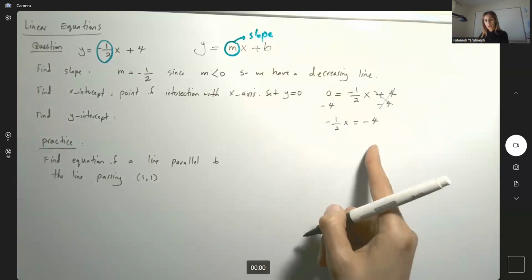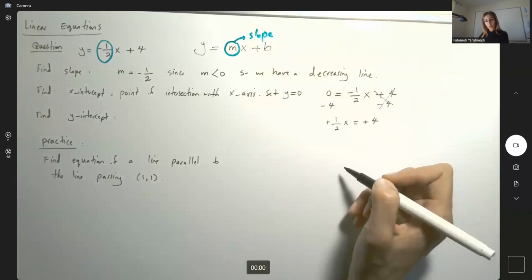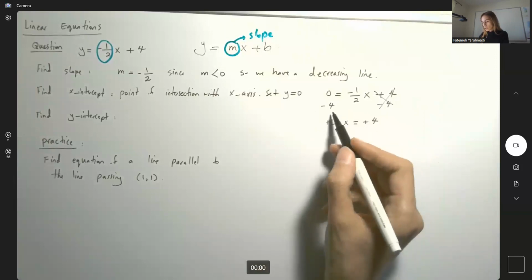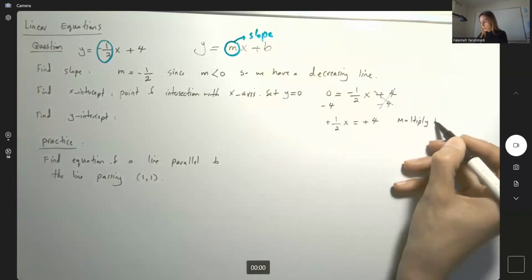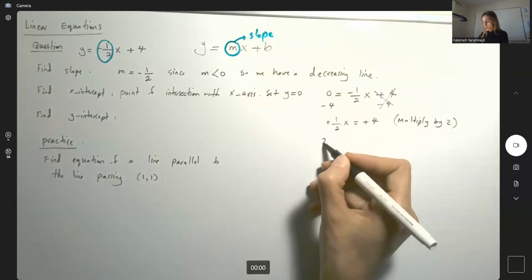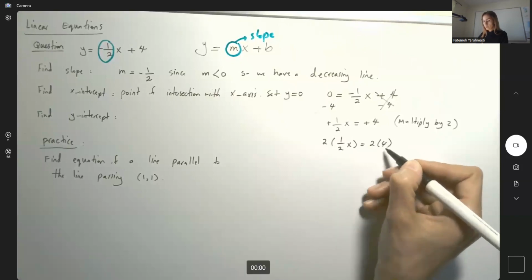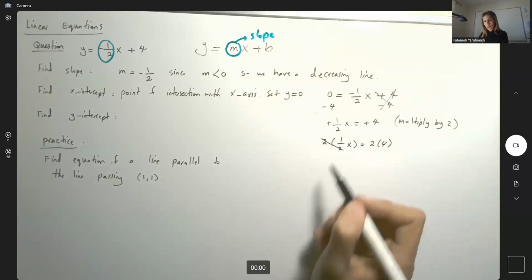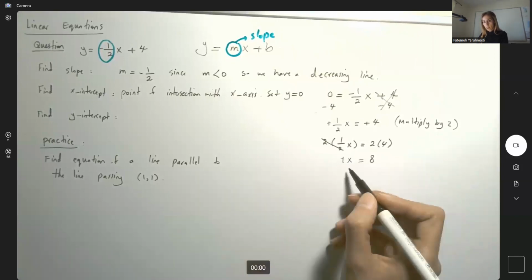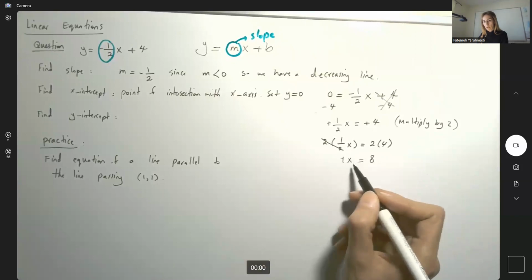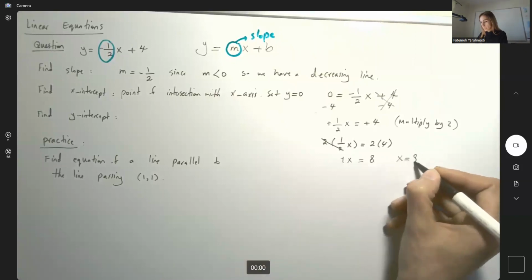You can multiply both sides by negative sign and you get 1/2 times x equals 4. To get rid of the 2, multiply by 2. So 2 times 1/2 x is equal to 2 times 4. The 2 and 2 cancel out. 1x is 8. We don't expect to see 1 in front of x. We have to simplify. So x becomes 8.